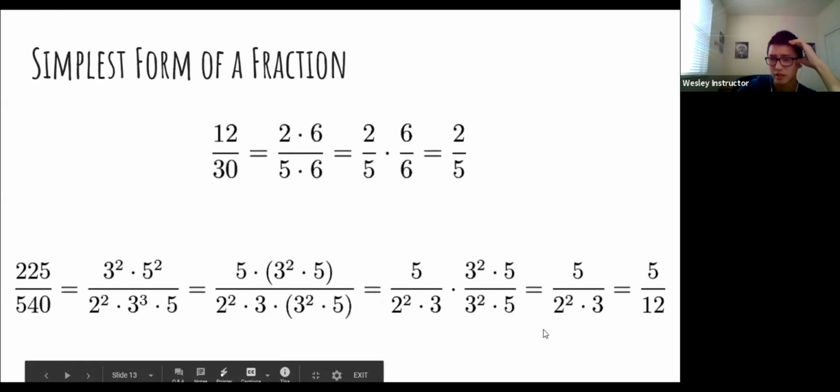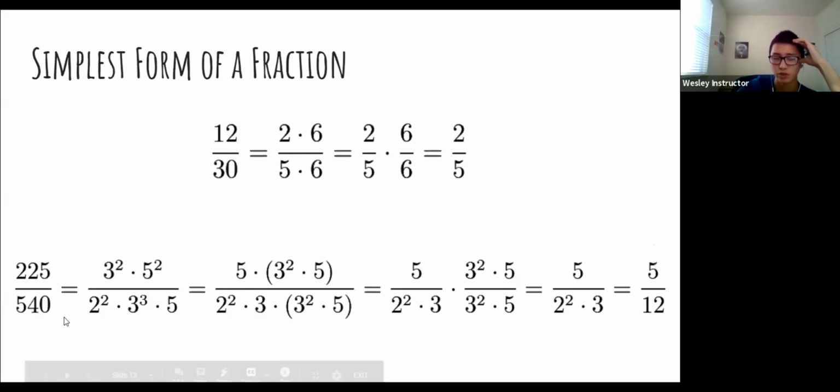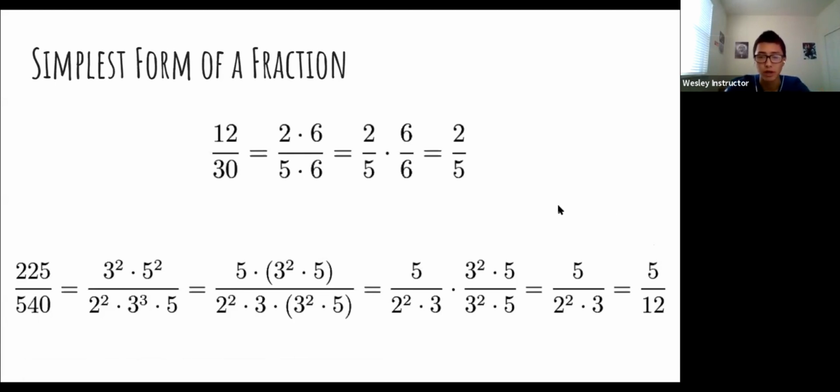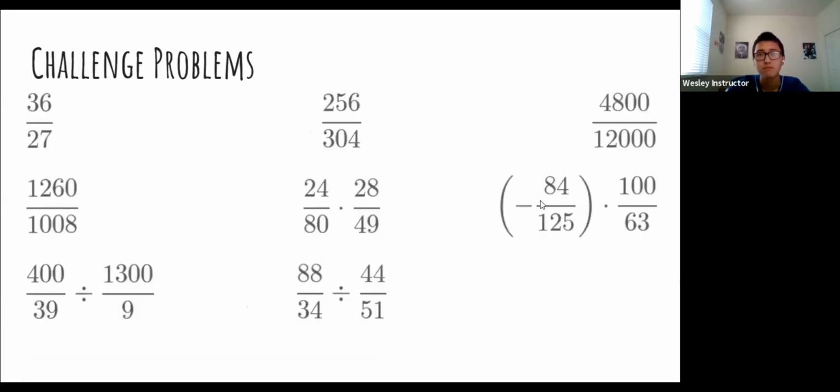This is already canceled out. So you're just left with this, and that equals 5/12. So 5 over 12 is the same thing as the original, 225 over 540. Same value, just represented with different numbers. Or in math terms, it's the same proportion. That means they're equal fractions.